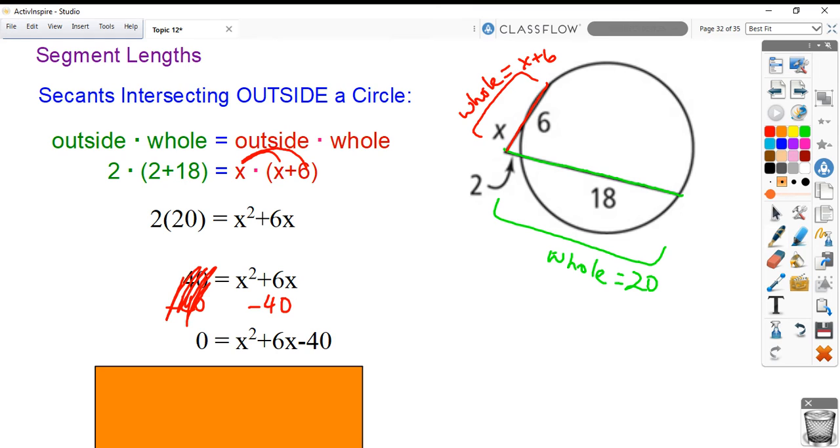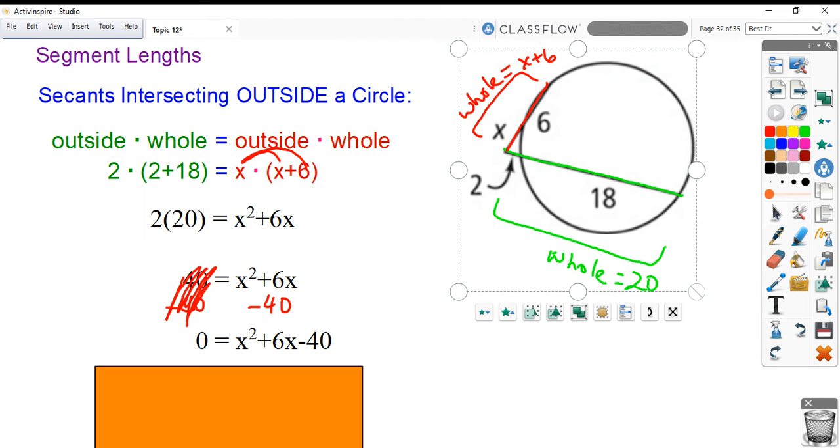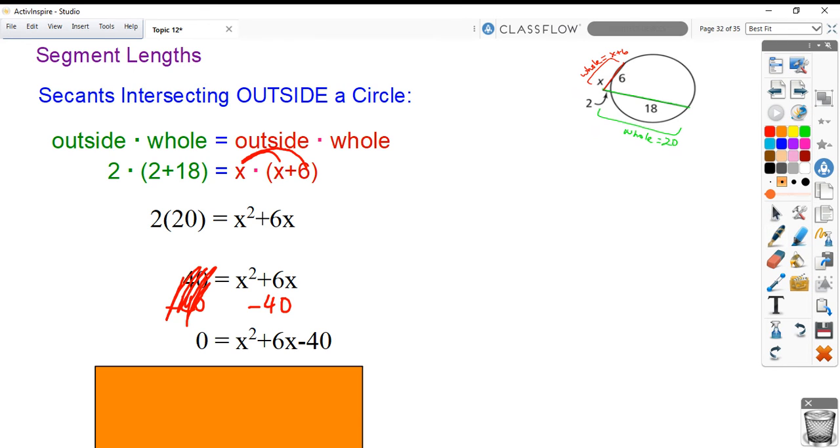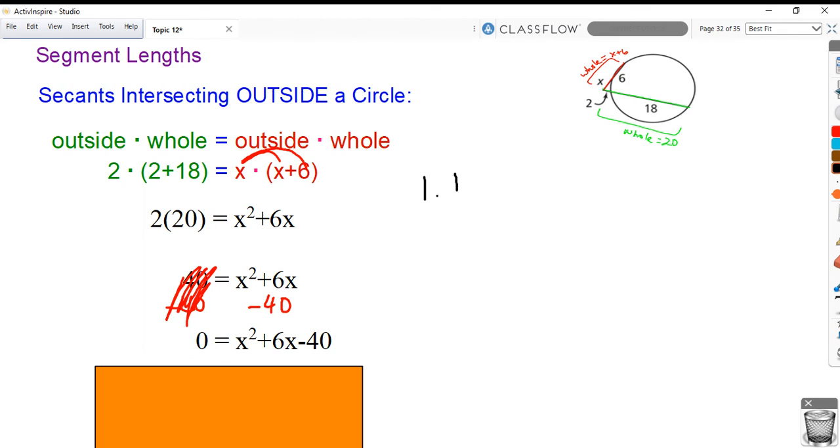Okay, it ends up actually being pretty simple if you know how to do it in your calculator. Let me write down the steps for you. Step 1, under y equals, type in this part.